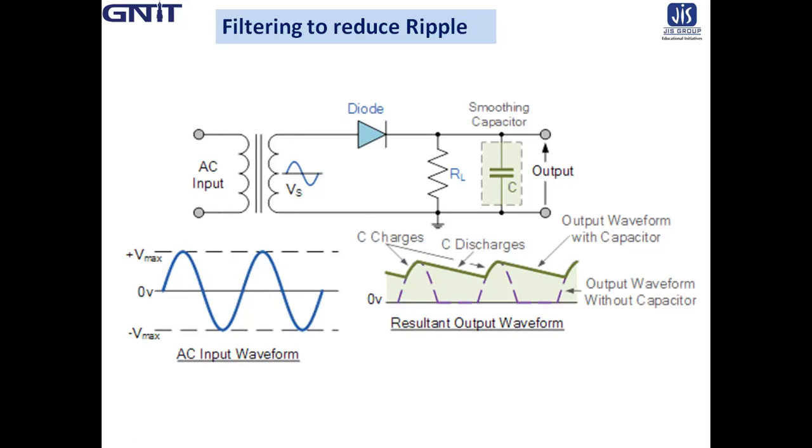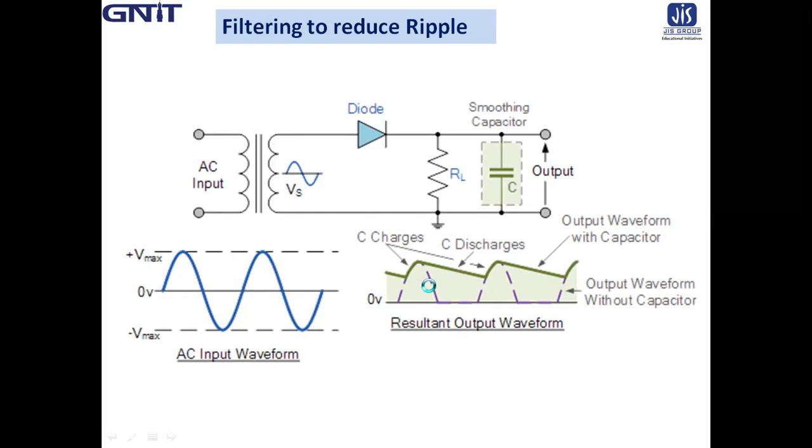So the capacitor is charged until the maximum value Vm is reached. The maximum voltage is attained very quickly as there is no resistance in the charging path except the diode forward resistance, which is negligible.